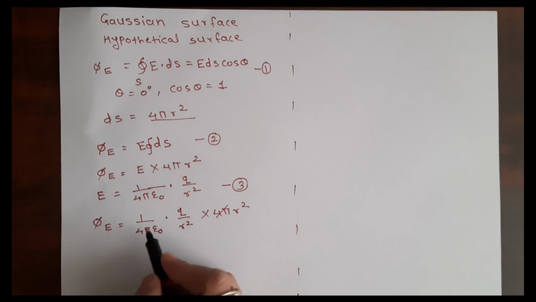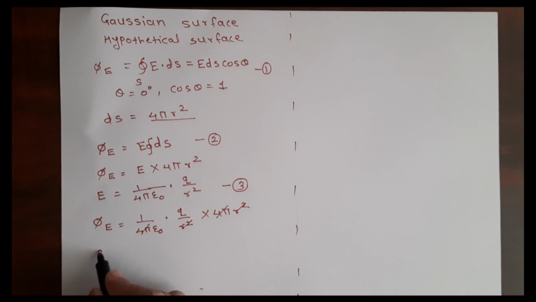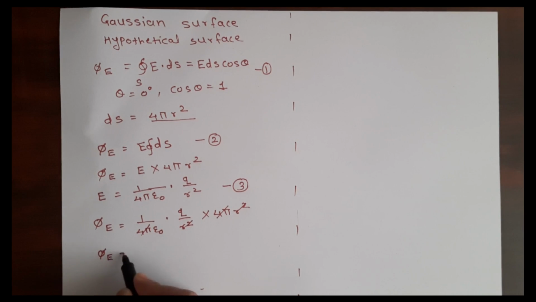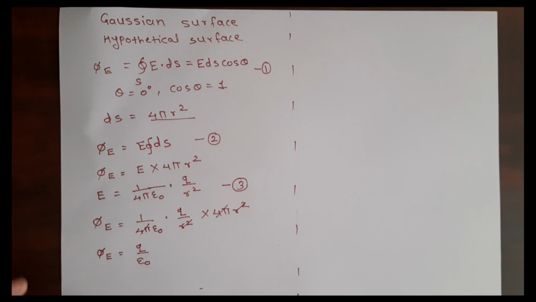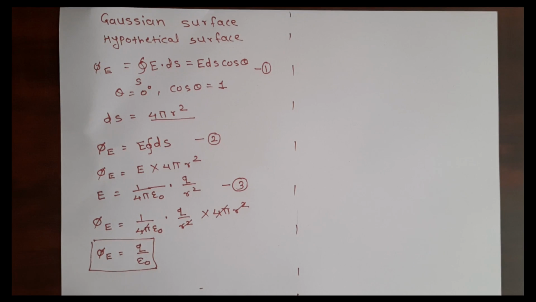This 4 pi gets cancelled with this, r square cancels with this. So we get electric flux is equal to charge upon epsilon naught. This is nothing but the Gauss theorem. So the flux is equal to 1 upon epsilon naught times the charge enclosed within the body.